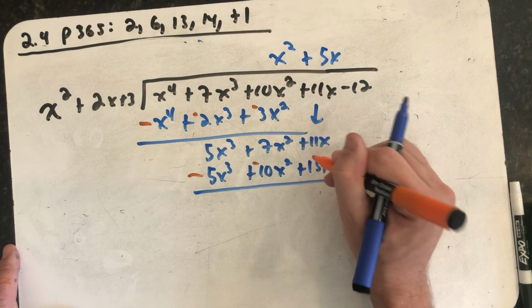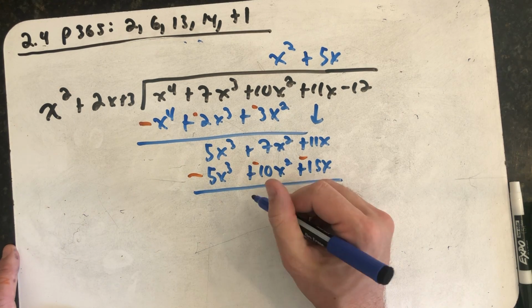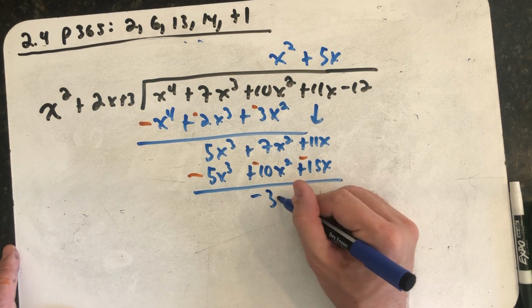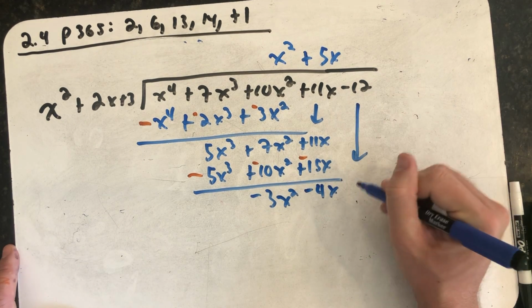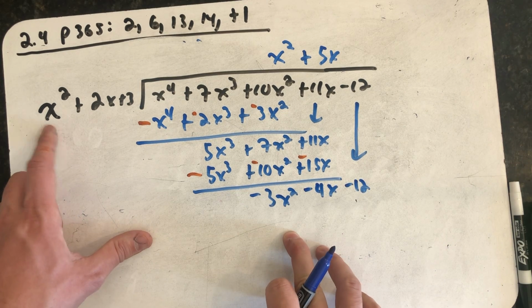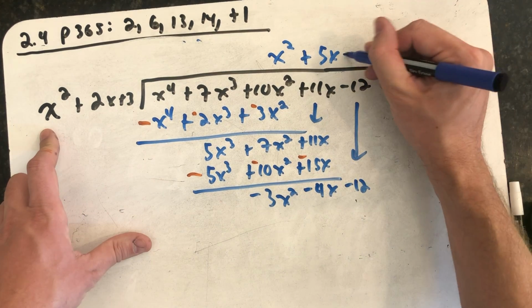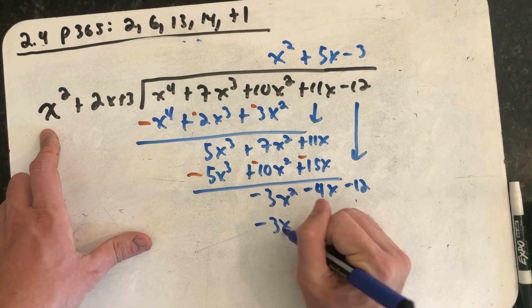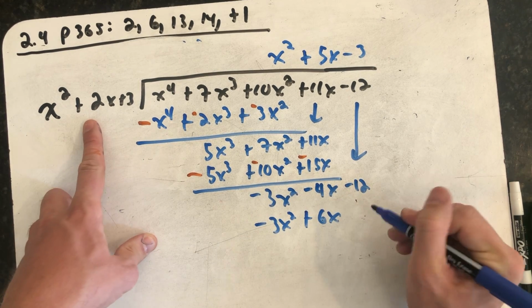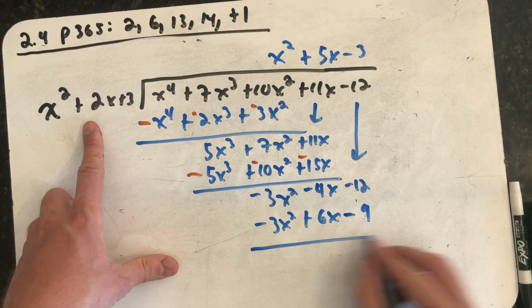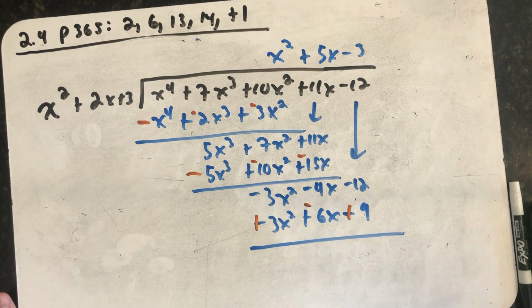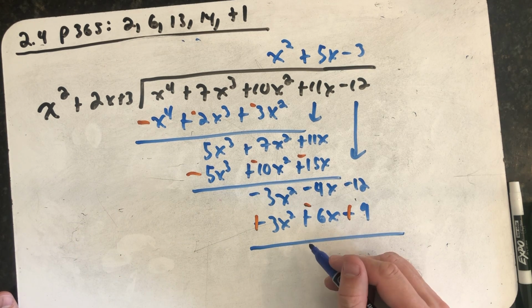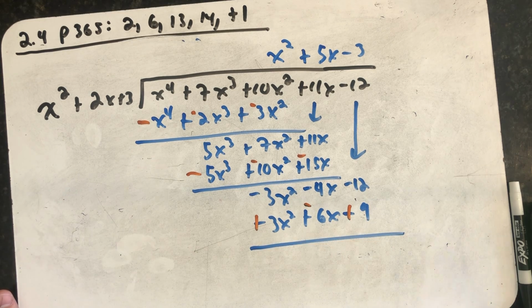Change all the signs to subtract. Bring down that minus 12. All right, I need to multiply this by a minus 3 to get that minus 3x squared. Let's change those signs to subtract. So these cancel. I'm left with a, hang on just a second, I think I have a sign wrong.